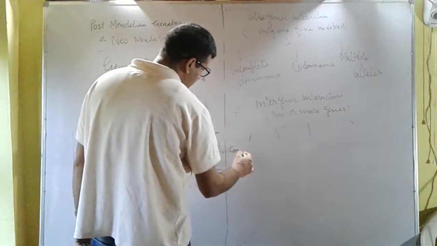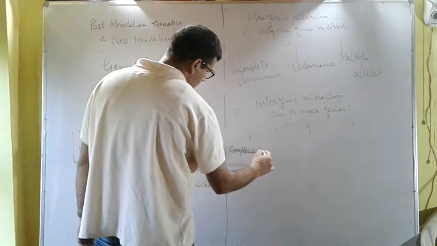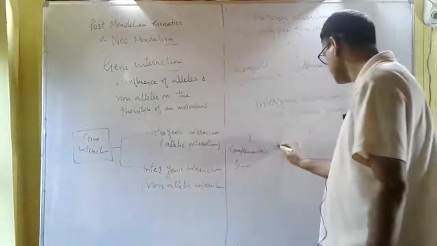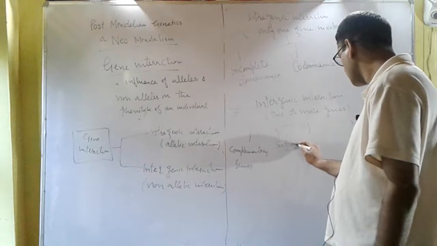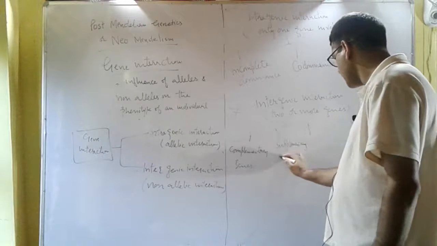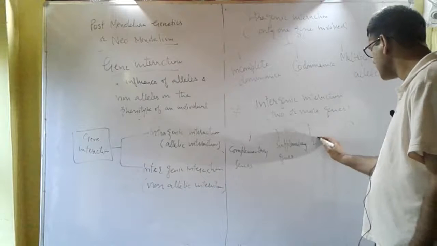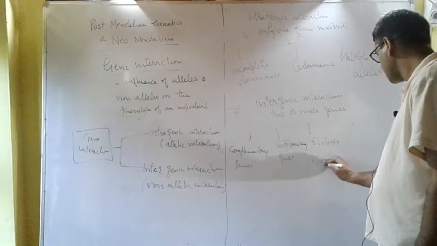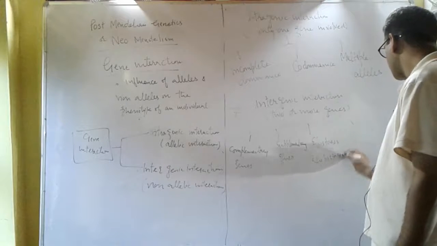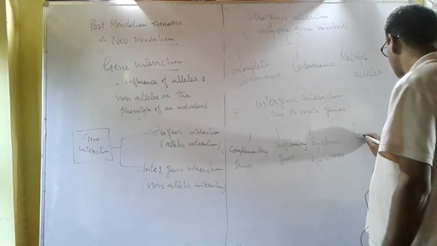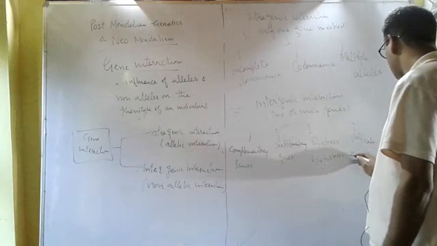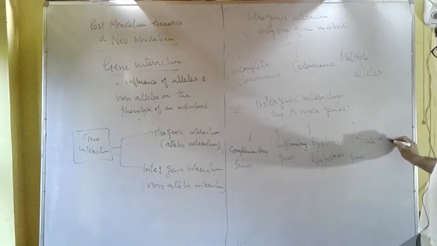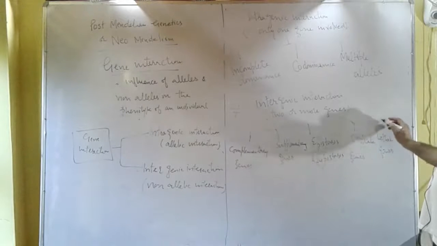It involves complementary genes, supplementary genes, epistasis and also hypostasis, duplicate genes, lethal genes, and inhibitory genes.